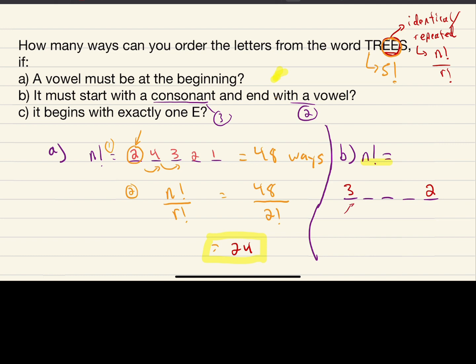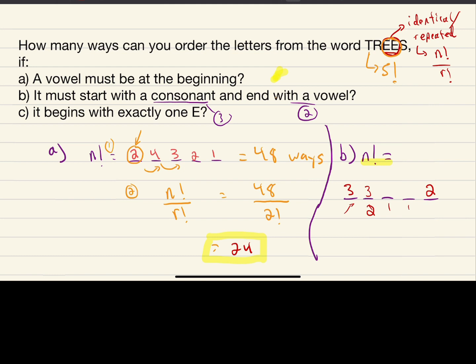The first spot has to be a consonant only, but then the rest of these can be consonants or vowels or both. Once we get rid of 1 consonant here, we have 2 consonants and a vowel to work with, which gives us another possibility of 3 for the second one. Then we have 1 consonant and 1 vowel here since we can't repeat what's being used.